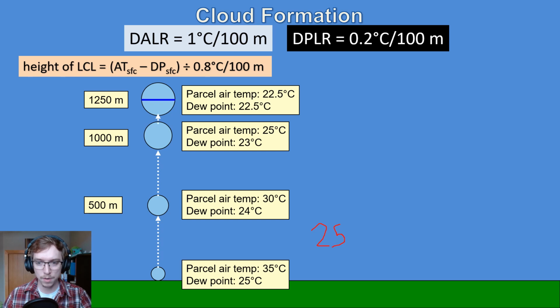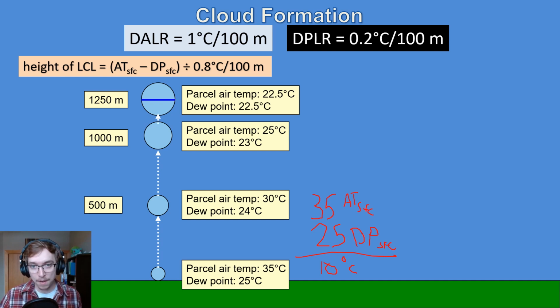So we've got our air temperature, this is AT at surface. And then our dew point at the surface, this is here, dP surface. That just gives us a difference of 10 degrees C, right? Easy math here.